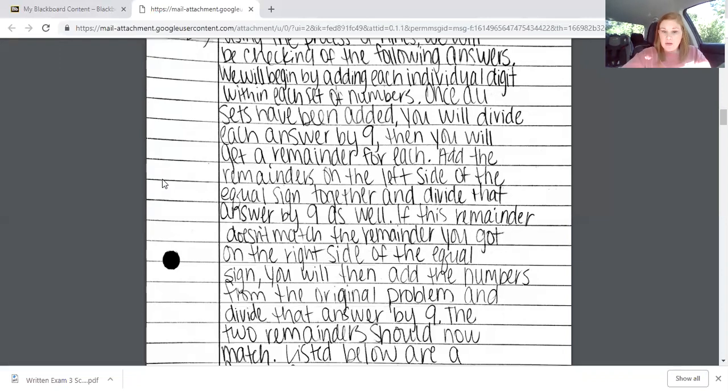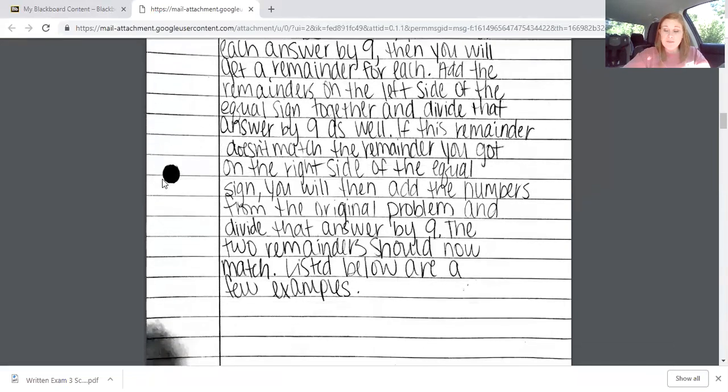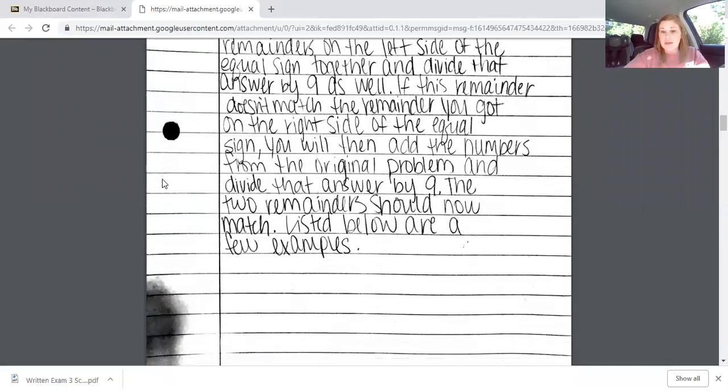Then if that remainder does not match the remainder that you got on the right side of the equal sign, then you're going to have to find the correct answer. And to find the correct answer, all you do is add the original numbers on the left side of your equal sign. And then that will give you the correct remainder.